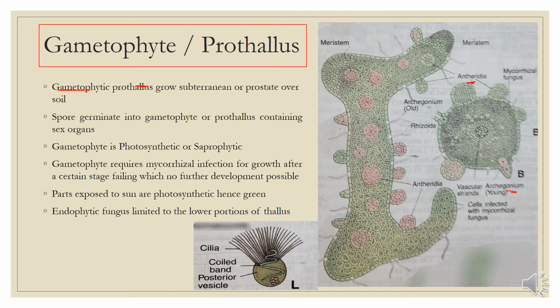And this type of prothallus is either saprophytic if it is underground, or photosynthetic if it is above ground. But the lower portion of the thallus, whether above ground or subterranean, should always be infested with fungus, because without the fungal infection, further growth will not happen. And also, after fertilization of a few archegonia has started, the growth of the gametophyte is stopped.